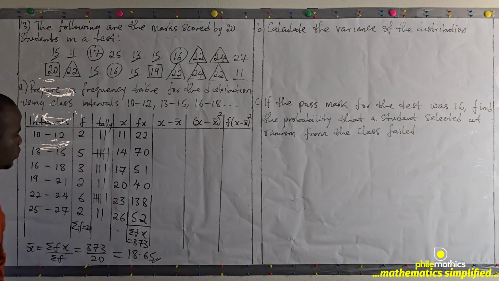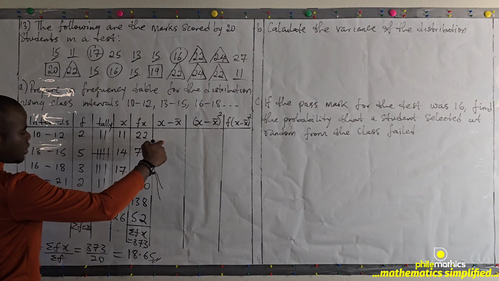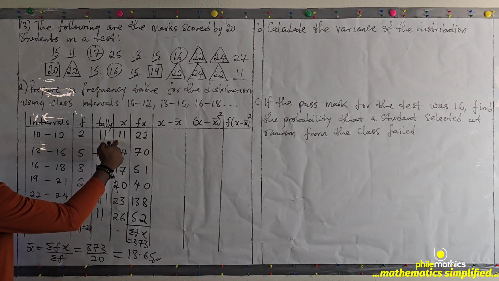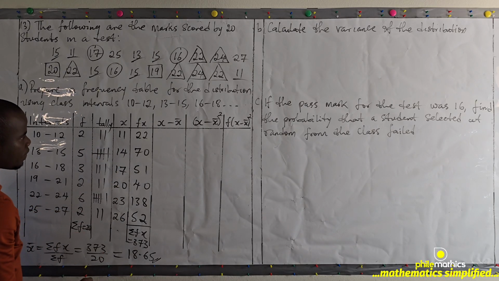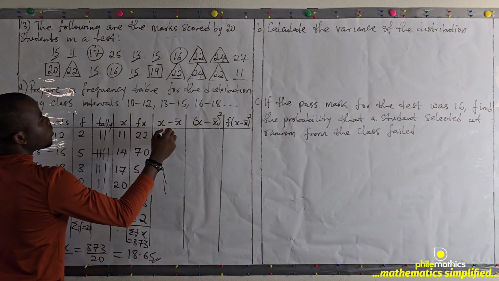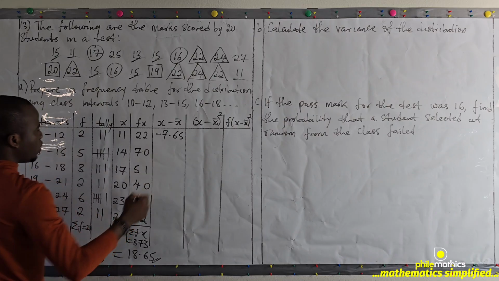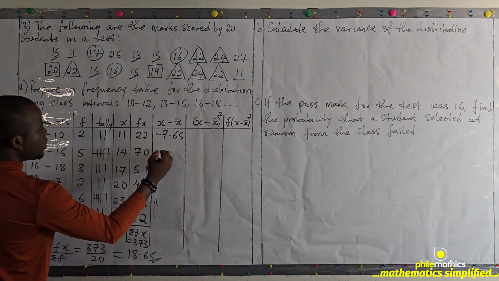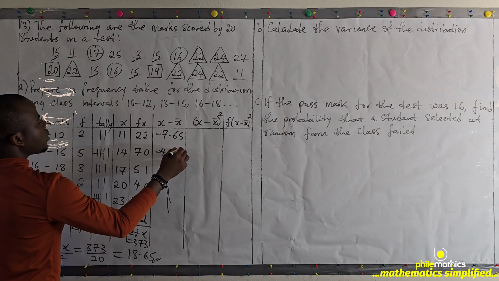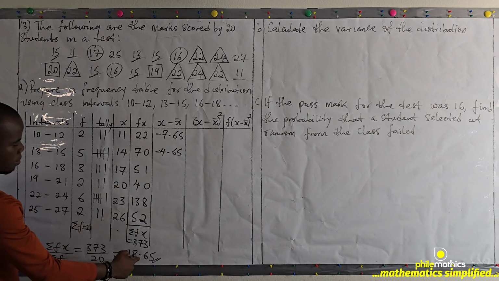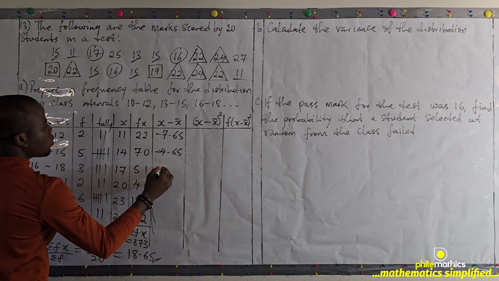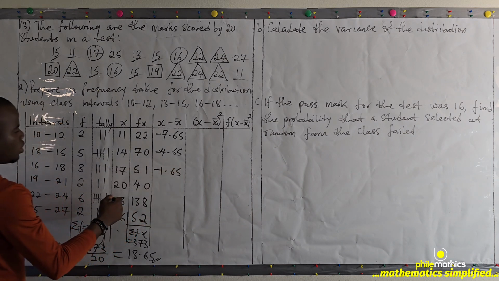And so if we subtract x from x bar, 11 minus 18.65 is minus 7.65. 14 minus 18.65 is minus 4.65.